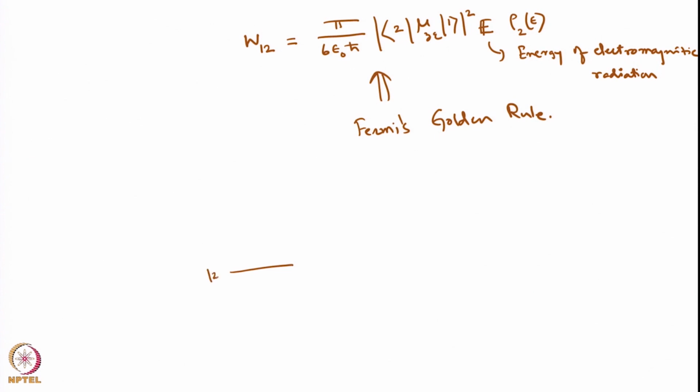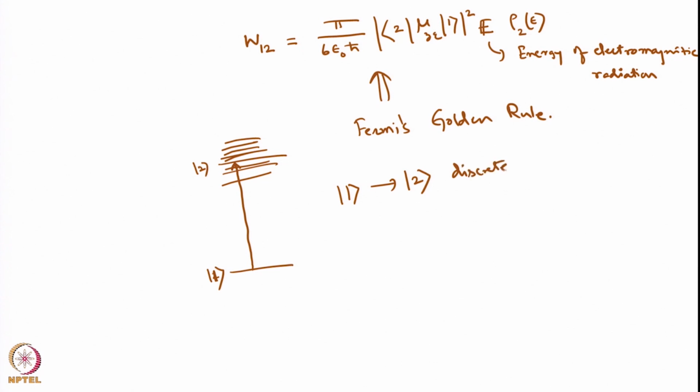But now let us consider, for example, you have initial state 1 and final state 2, which is embedded in some density, but I want to look at only this transition. So, I am looking at a 1 to 2 discrete transition. No density, it is just the discrete transition.